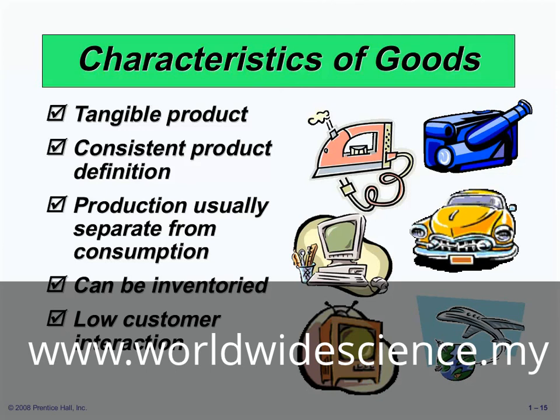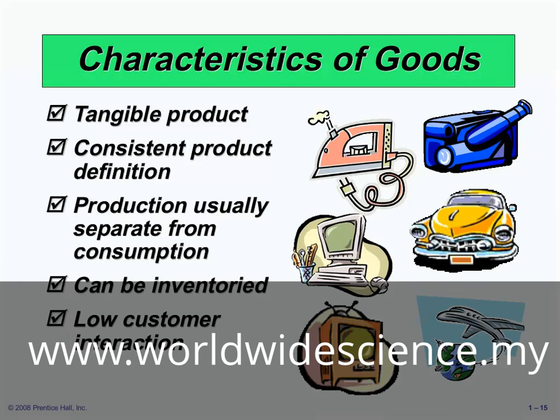Consistent product definition means that you can offer a right definition for products. For example, you can define it because you can see it, because the products are tangible. You can give a consistent definition to a product.